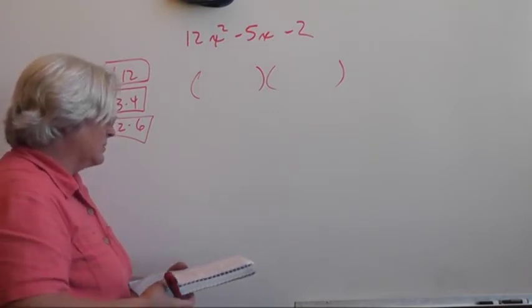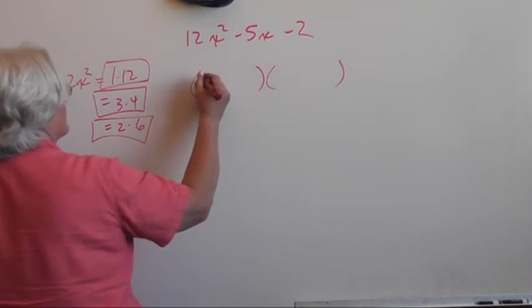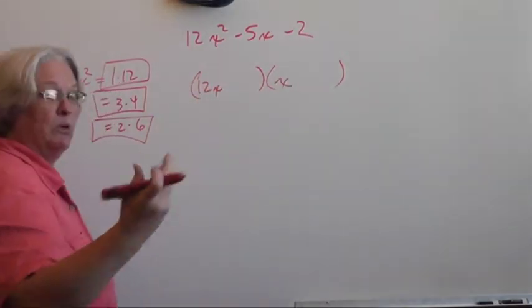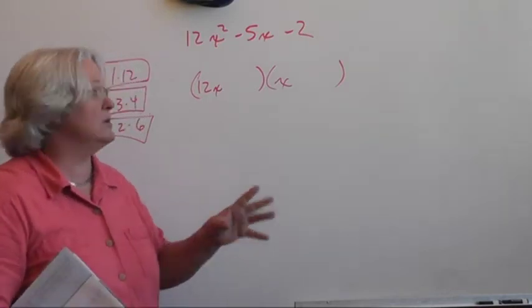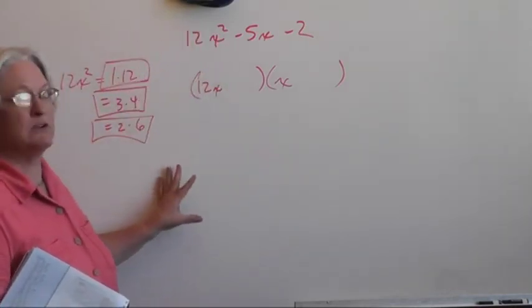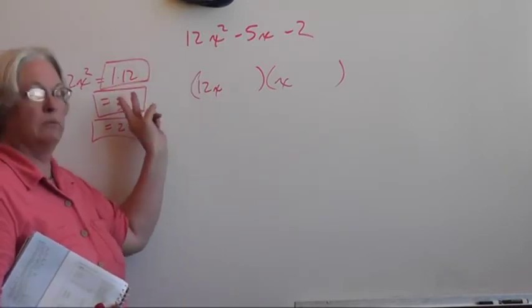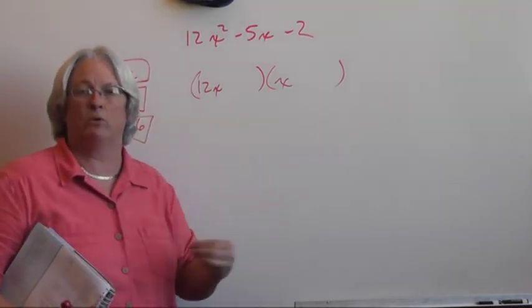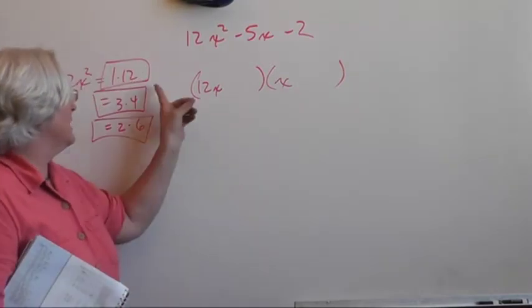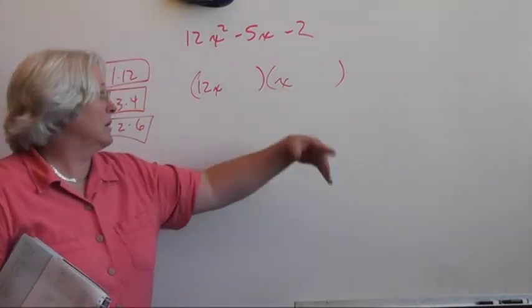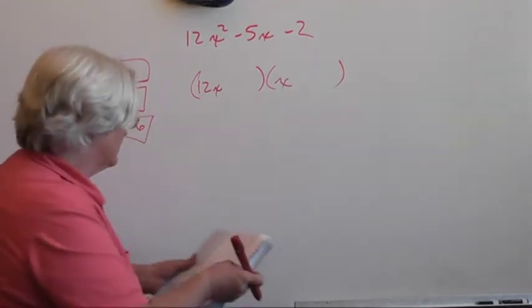So we're going to go ahead and pick 12x and x. And I probably would not tend to do that because when you're having to do things by trial and error, it's not typically the number times 1 that are factors. So that wouldn't be my first choice. I think they're picking this as the first choice here to show you, okay, we've tried it and it's wrong. So we have that.